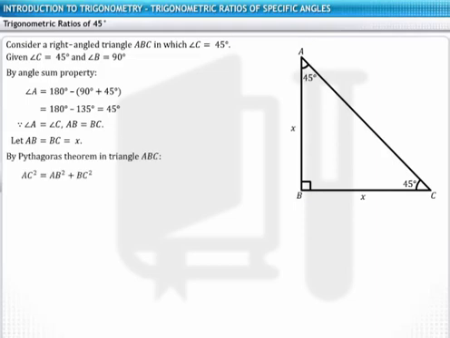Applying Pythagoras' theorem in triangle ABC, we find the length of hypotenuse AC as root 2 times x.